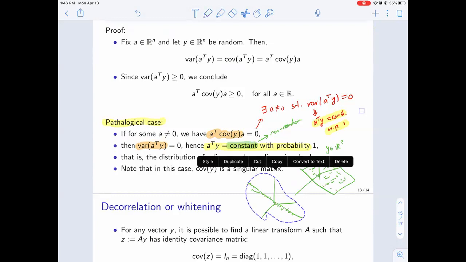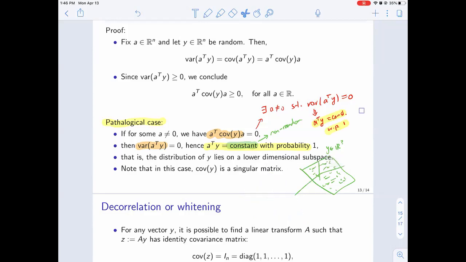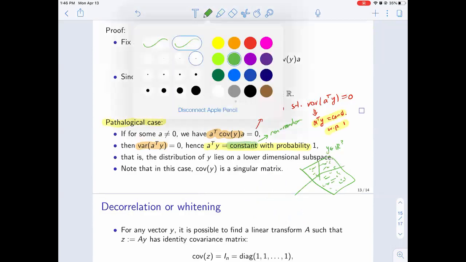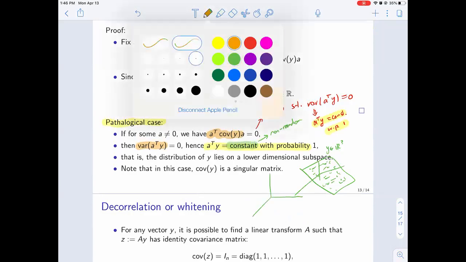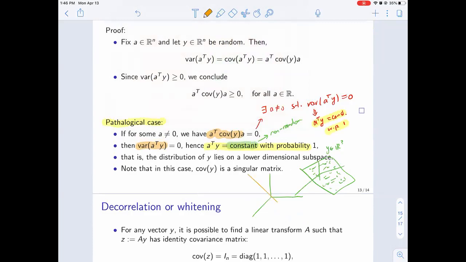So it's not super random. It's somewhat random, but there is some structure to it. This usually doesn't happen, so it's a pathological case. They're randomly distributed, but they're all on this line, or they're all on this plane. They're always on this plane.